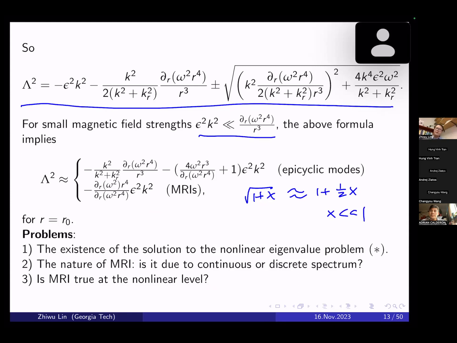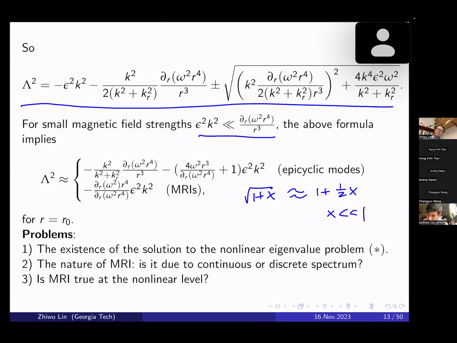Because we know this kind of localized, highly oscillated perturbations are also used commonly in finding a continuous spectrum in fluid mechanics. So here we want to understand whether or not this is due to continuous spectrum or discrete spectrum.